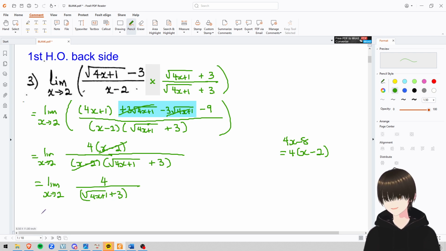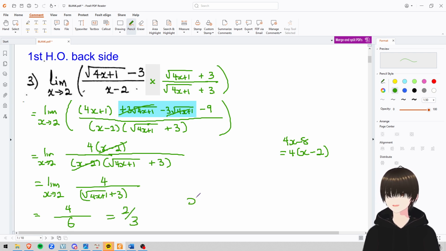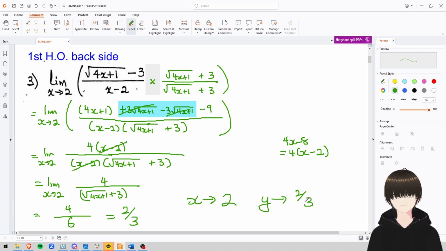This is equal to 4 over the root of 4 times 2, which is 8, plus 1, that's 9, square root, that's 3, plus 3, that's 6. So the limit is 2 over 3. It means when x gets closer and closer to 2, the y value will get closer and closer to 2 over 3. Okay, conjugate.